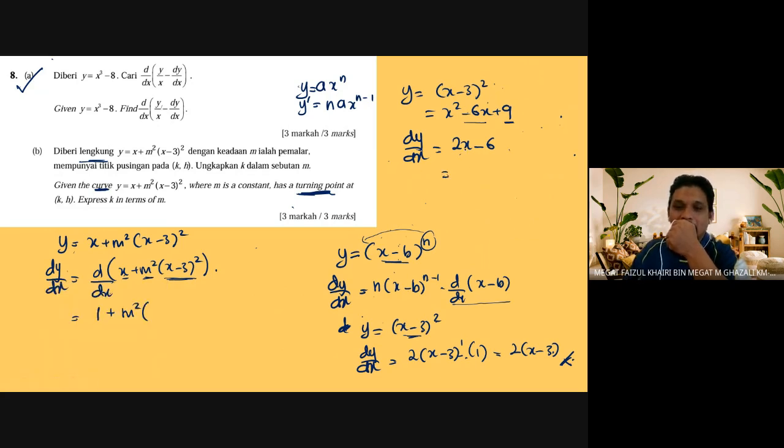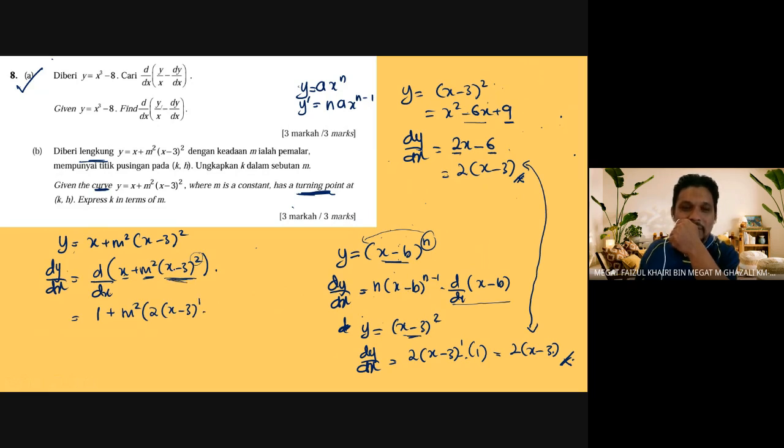So then, we can factorize 2 out of 2x − 6 to get 2(x − 3). Are they equal? Yes. Okay, that's it. Right now, in this case, this is just a constant. So these two bring to the front here, and then (x − 3) to the power of 2 − 1 equals 1.